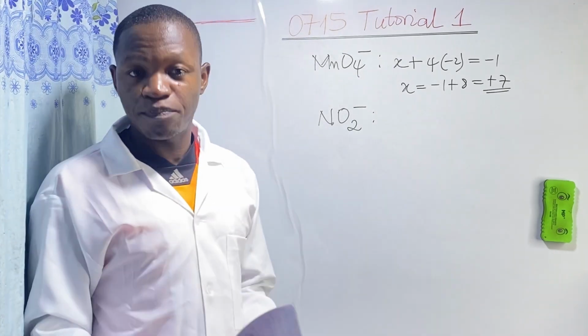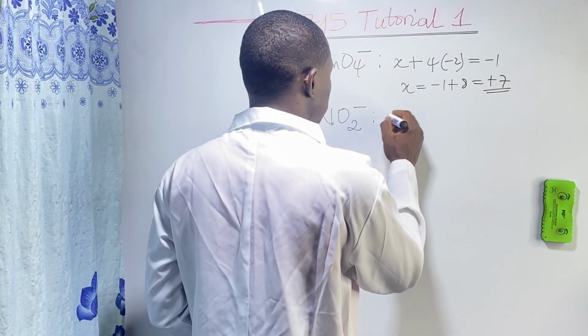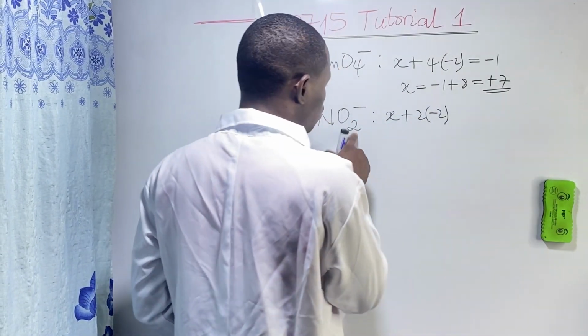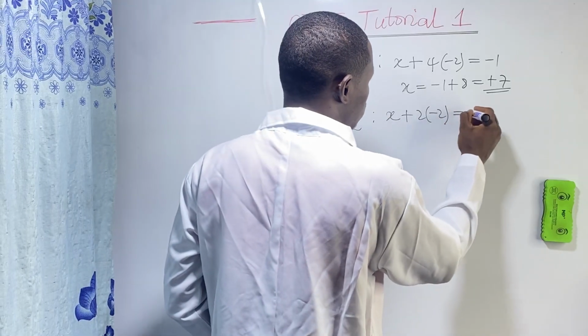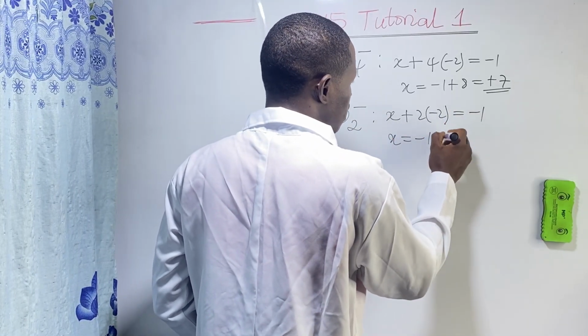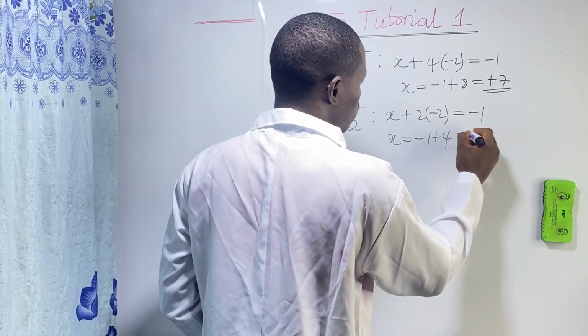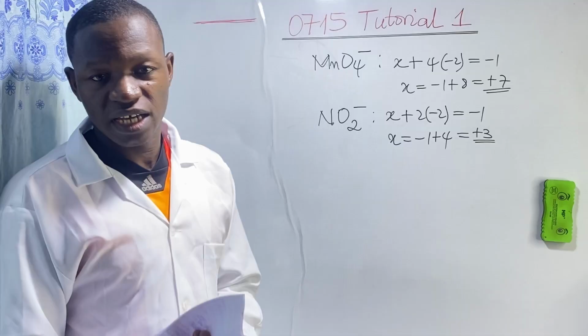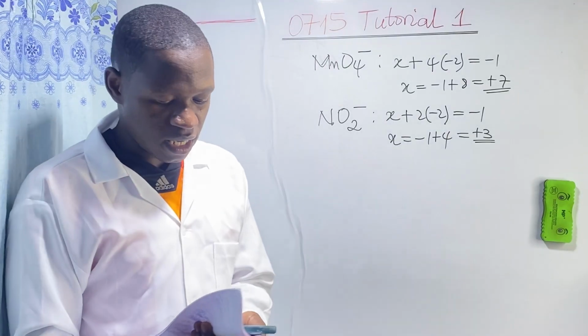This one is not a peroxide. So X plus 2 into -2 equals to what? -1. So X is -1 plus 4, which gives X as +3. So nitrogen in the nitrite ion there is +3.